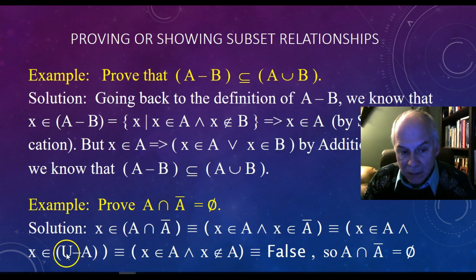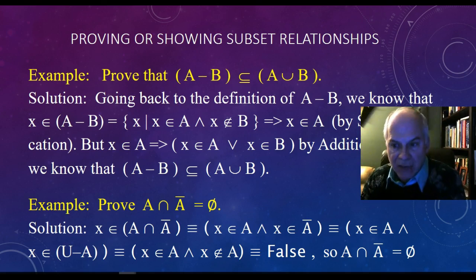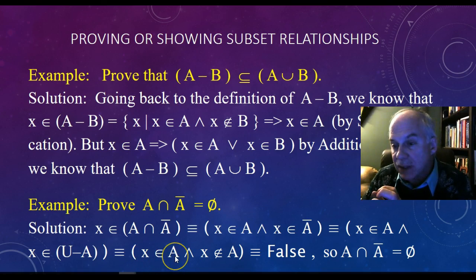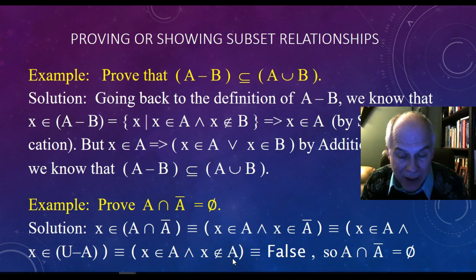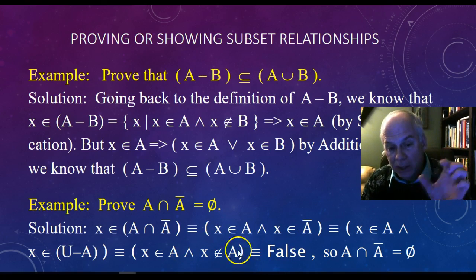But that implies that you must have x not an element of A because it's everything outside of A. So if I intersect the two, I've got x is an element of A and x is not an element of A. Well, that's impossible. x has to either be an element of A or x is not an element of A. So we say that whole thing is false.